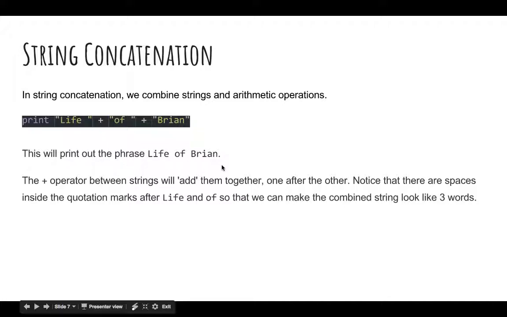And this will be the output for that phrase. Notice that the operator will add all the strings together, one after another, but there are spaces inside the quotation marks. Okay? So it adds the space between each word.